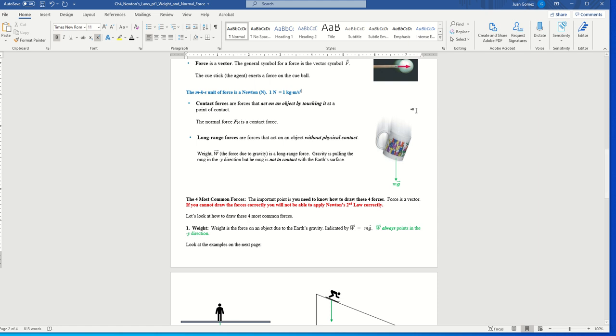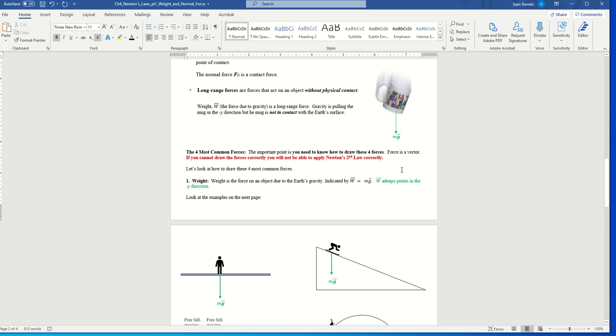It falls. If you're outside, it's going to fall to the ground. If you're inside, it's going to fall to the floor. But it doesn't have to actually be touching the surface of the Earth for that force to be acting. So mg is a long-range force. And we'll find out later what weight is. Weight is the object's mass times g, which is the acceleration due to gravity.